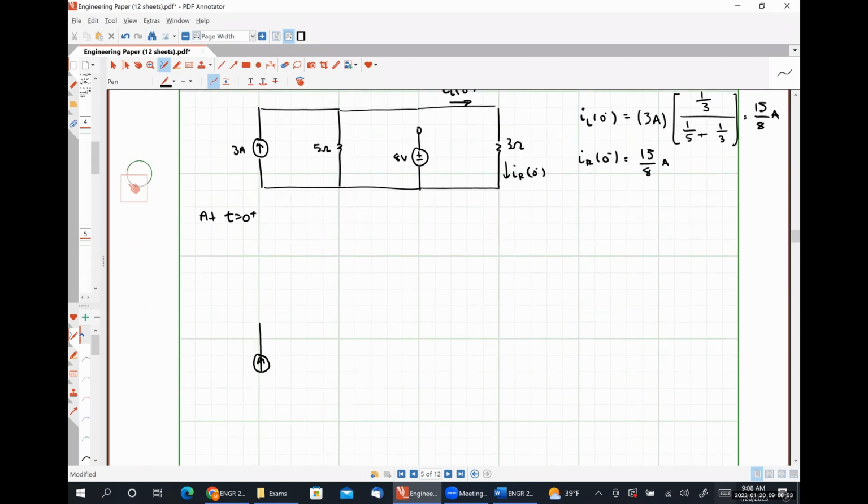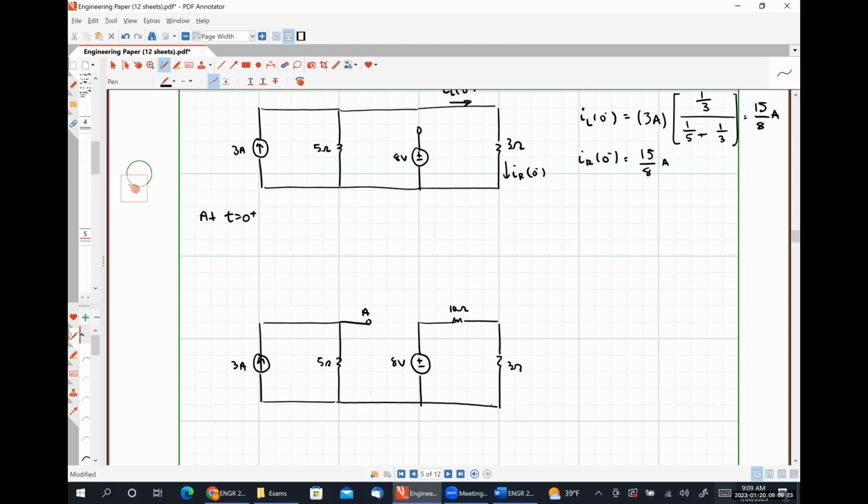Our circuit is going to look like this. Here's our 3 amp source in parallel with our 5 ohm resistor. Terminal A is going to be open circuited. Our 8-volt source is switched in like so. Here's our 10 ohm resistor. Here is our 3 ohm resistor. And then up here will be whatever our inductor is doing.